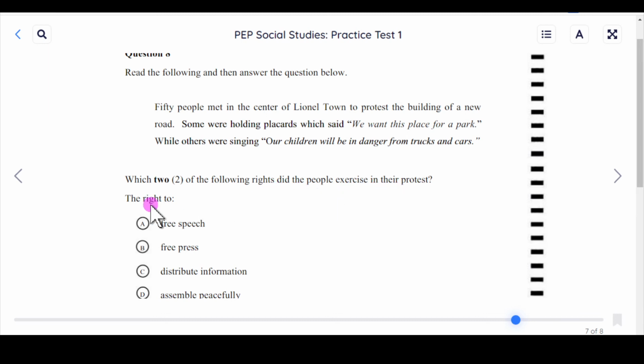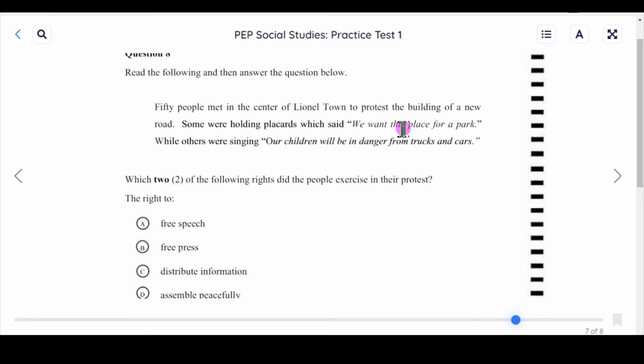So okay, I must look back at the prompt and look for which rights they have. All right, so the right to free speech, free press, distribute information, assemble peacefully. Let me read it over again. 50 people met in the center of Lionel Town to protest the building of a new road. So the people have assembled, they have gathered in the center of Lionel Town. They were holding placards, so they are demonstrating here.